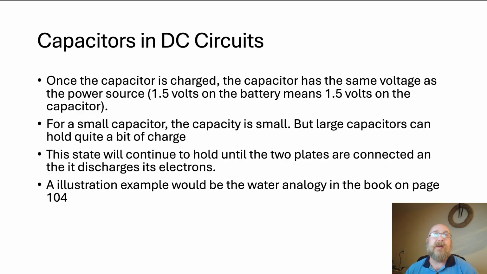Now, for a small capacitor, the capacity is small, but large capacitors can hold quite a bit of charge, and that is voltage really, because they charge quickly and then they release quickly. So they're not good for keeping up with a constant current. It's really just to help maintain a constant voltage.